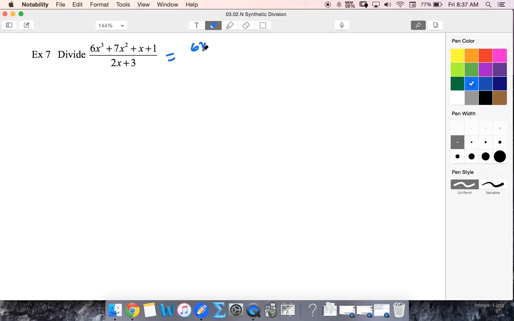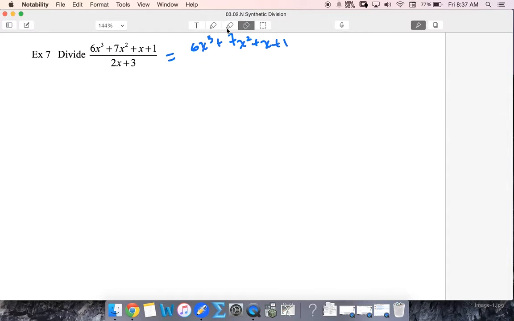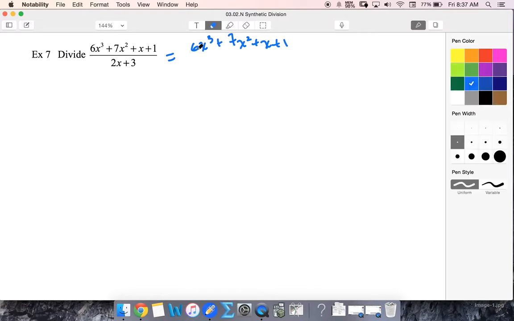So I've got 6x cubed plus 7x squared plus x plus 1 over, let's try and make that a straighter line. I'm going to factor out the 2 and get x plus 3 halves. Well, if I factor out the 2, now I've also got my dividend that's being divided by 2.